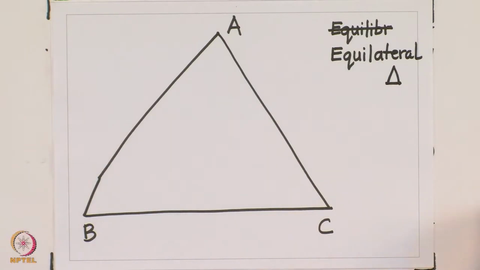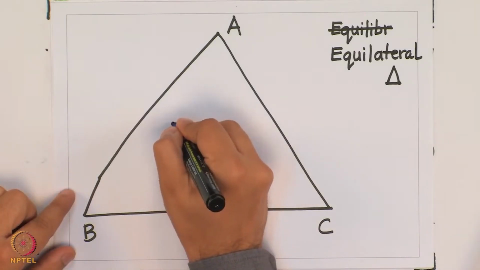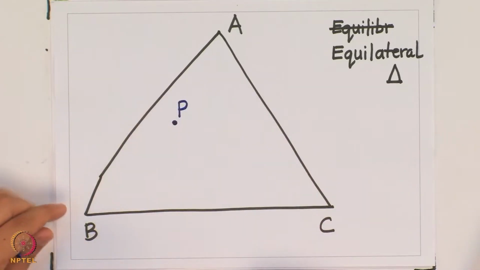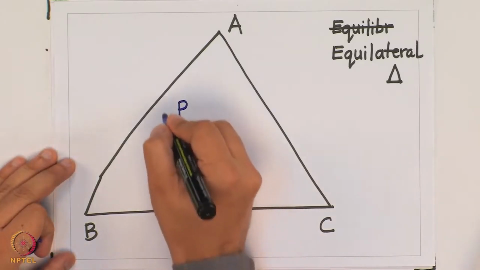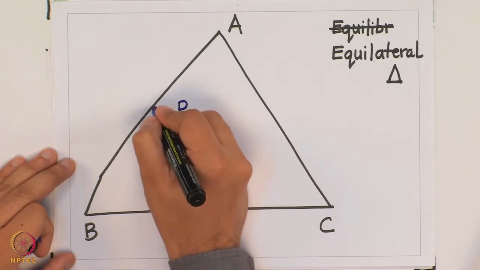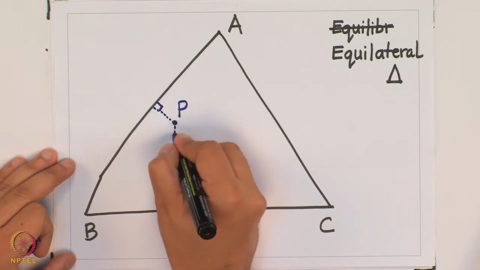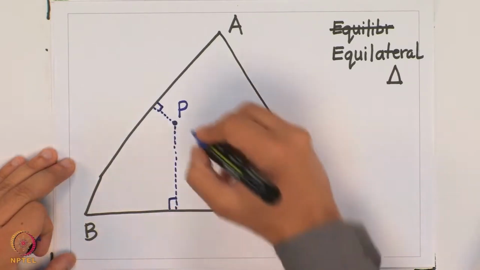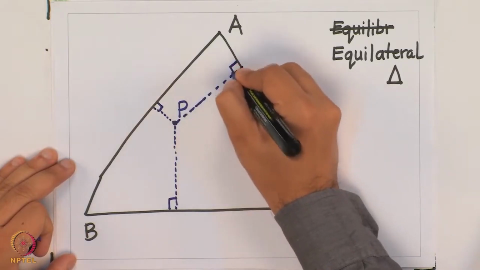Now, for any point P inside this triangle, or even on this triangle, what we want to do is draw perpendiculars to the three sides. So perpendicular to the side AB looks like this, perpendicular to the side BC looks like this, and perpendicular to the side AC would look something like this.